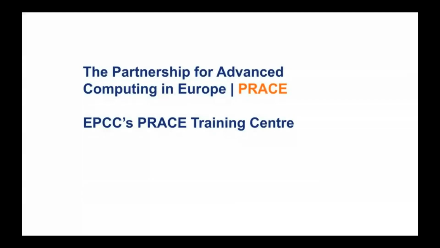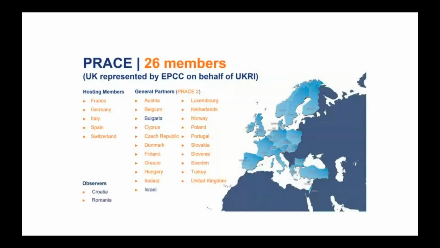So this course is partly funded by PRACE, which is the Partnership for Advanced Computing in Europe, and EPCC is part of PRACE. It's a PRACE Advanced Training Centre. PRACE is a European collaboration. Obviously, with the United Kingdom no longer being part of Europe, that's slightly strained, but we're still an advanced training centre under a PRACE umbrella at the moment.